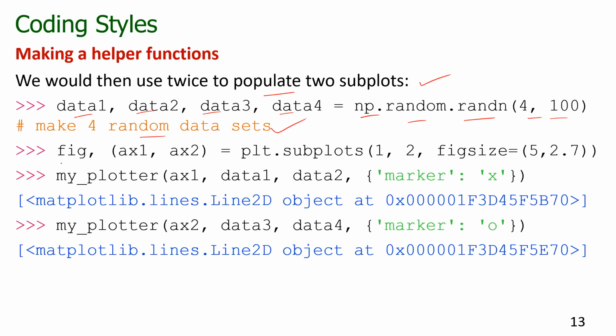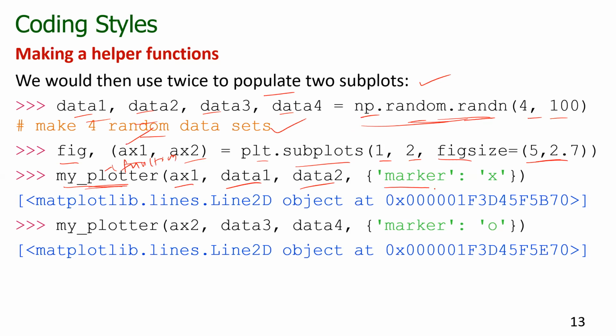First we define the figure with axes ax1 and ax2, plt.subplots(1, 2), with a fixed figsize of (5, 2.7). Then my_plotter, this is the function we defined previously. We take ax1, data1, data2, which are the same random numbers.